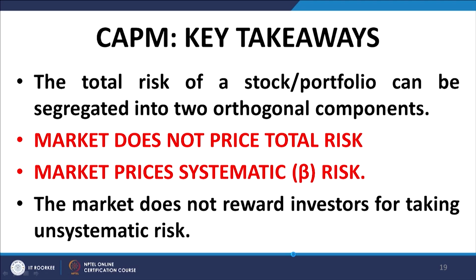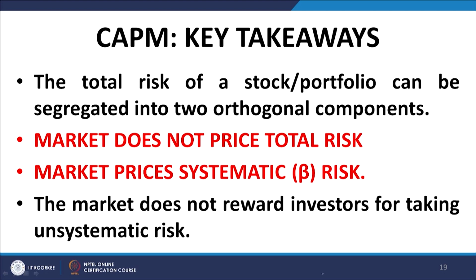Beta is a measure of risk which is priced by the market, and this risk priced by the market is called systematic risk. So, the total risk of a portfolio can be segregated into two orthogonal components: the systematic risk, which is the beta risk, and the unsystematic risk, which is the random risk. Market does not price total risk, market prices systematic risk, market does not reward investors for unsystematic risk.